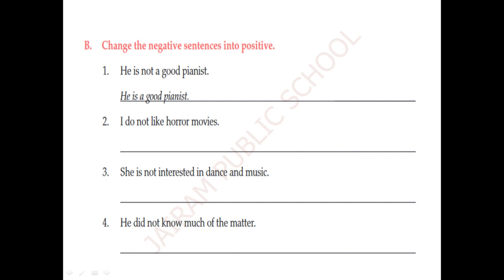I do not like horror movies. What has to be removed in the second sentence? The negative word. When we remove not from the sentence, will you write I do like horror movies? Then what else has to be written here? I like horror movies. Well done.